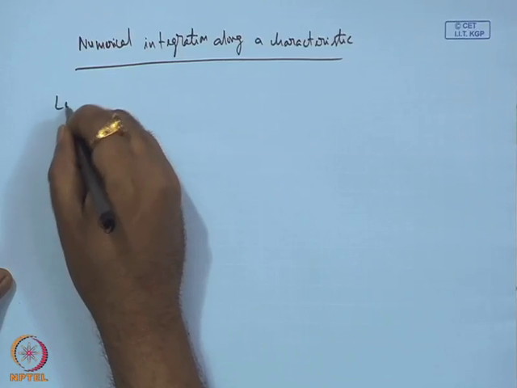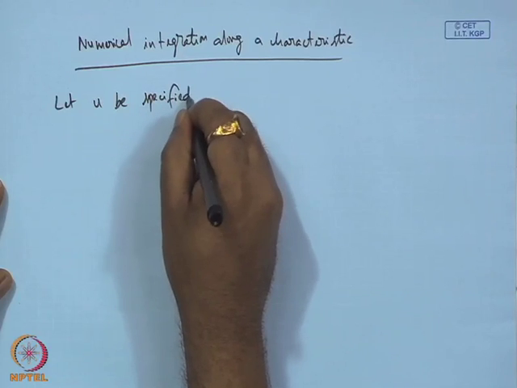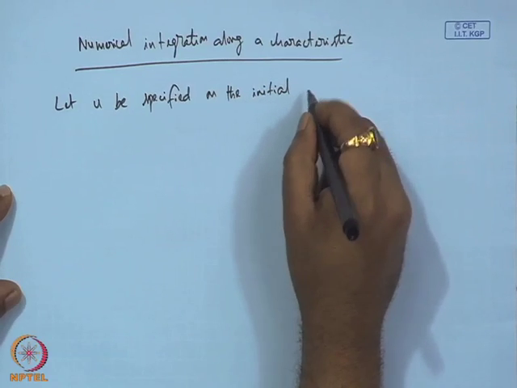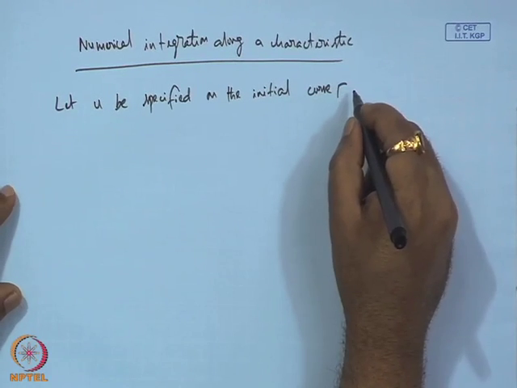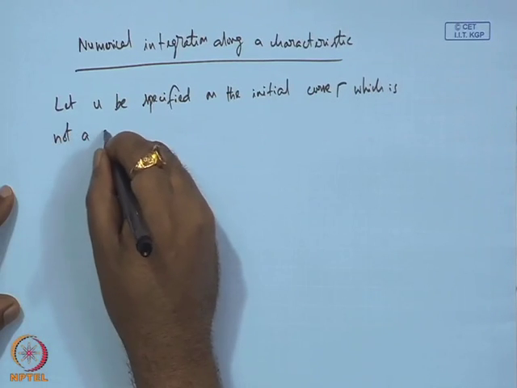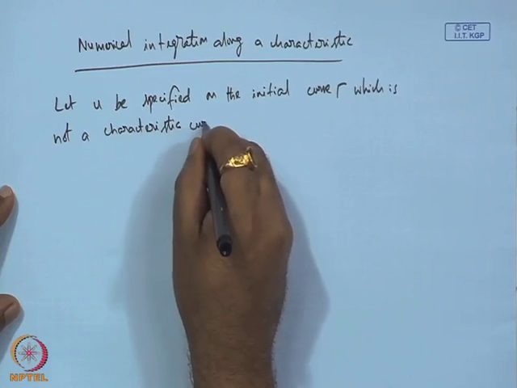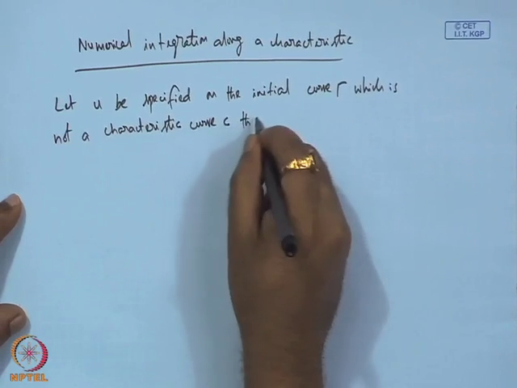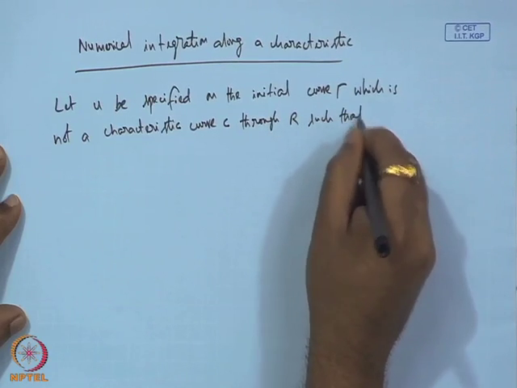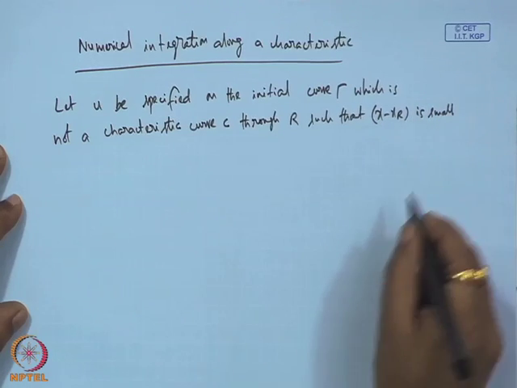So, let u be specified on the initial curve gamma, which is not a characteristic curve C through R, such that x minus x r is small.